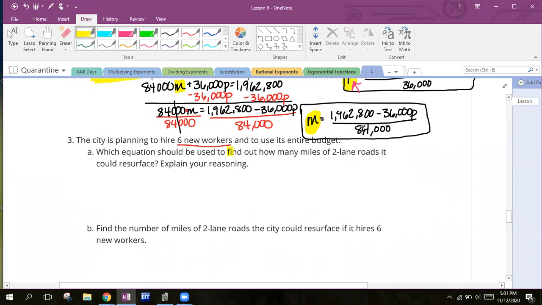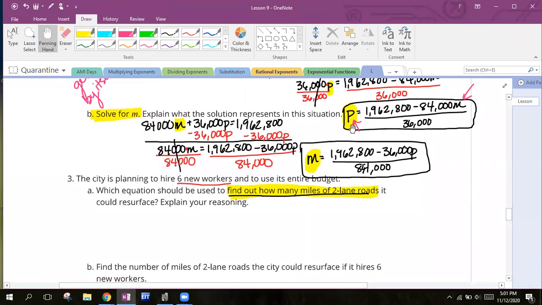So since we're trying to find out how many miles of 2-lane road, we need to choose the equation that is set equal to just that. So between these two equations that we just figured for P and M, which one is set equal to what we're looking for? The one that solved for M.